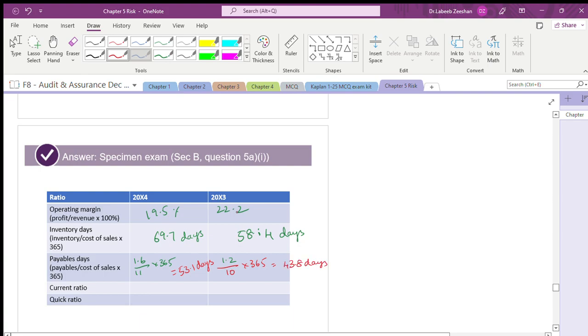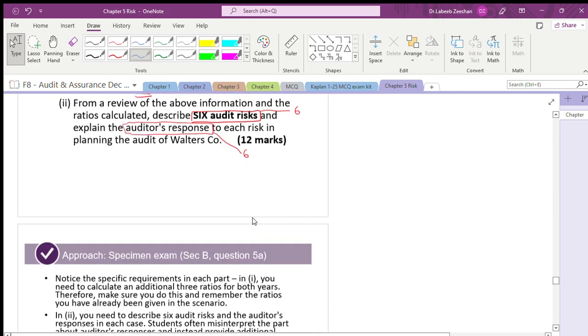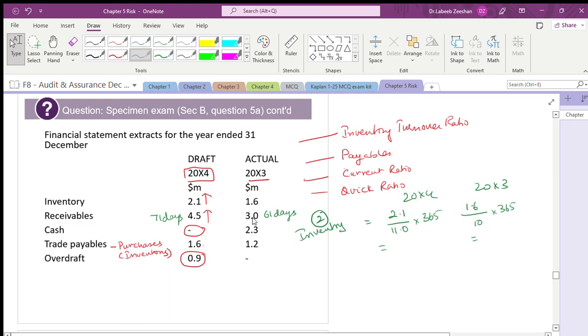Next, current ratio is nothing but current assets divided by current liabilities. How much is the current assets here? 2.1 and 4.5 comes to 6.6.